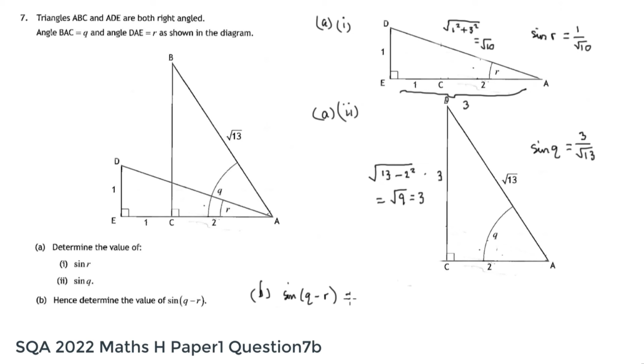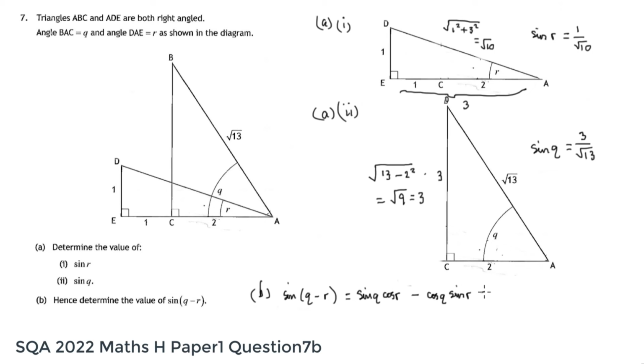And the pattern for expanding something like this, when it's a sine and a difference in there, is sine cos cos sine. So we have the sine of Q times the cosine of R minus the cosine of Q times the sine of R.